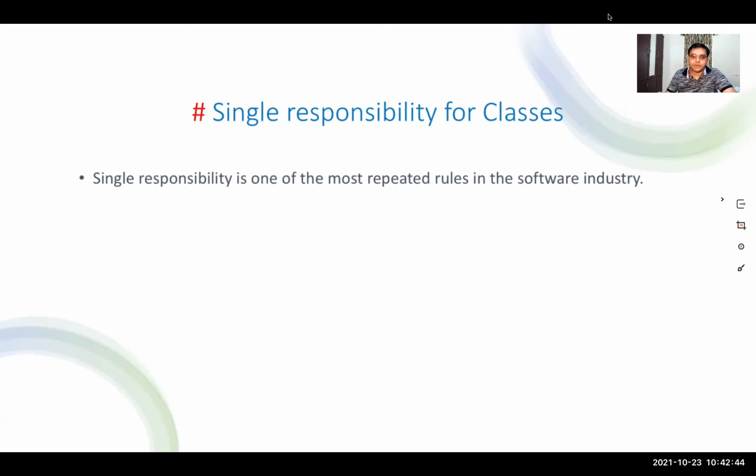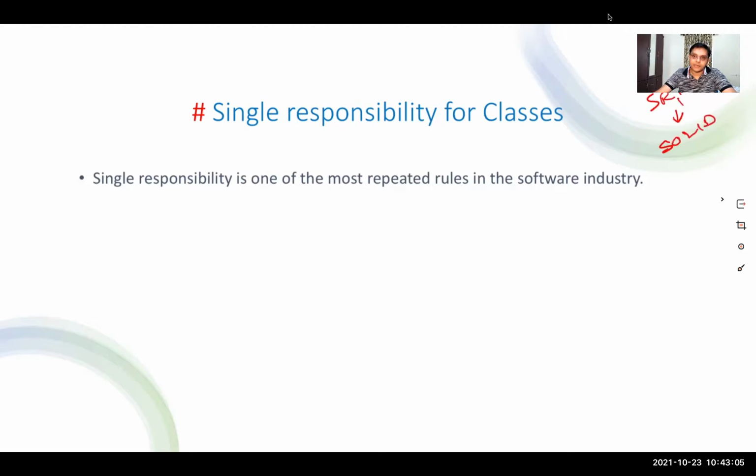Single responsibility is one of the most repeated rules in the software industry. Everybody is talking about this single responsibility. There is a principle also, which is called the single responsibility principle, or SRP, which is the first of the SOLID principles.